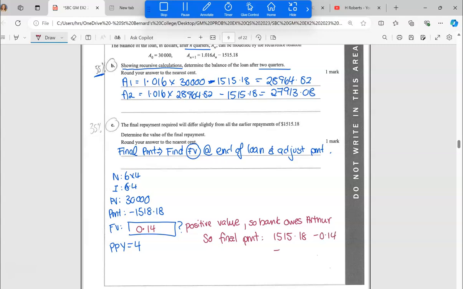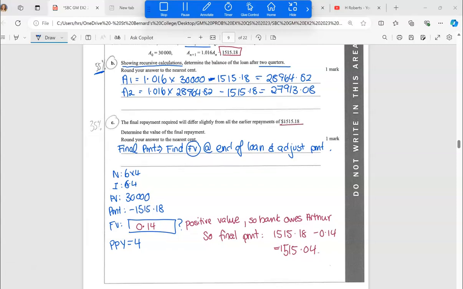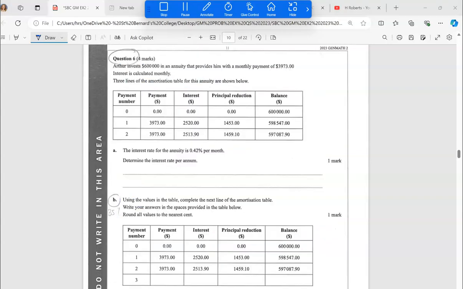So it says determine the value of the final payment, round to the nearest cent. So it's going to be 15.04. Okay, so that's how we do that one. Sorry, I put the wrong number there. That should be 15.